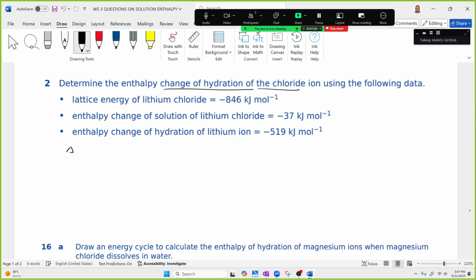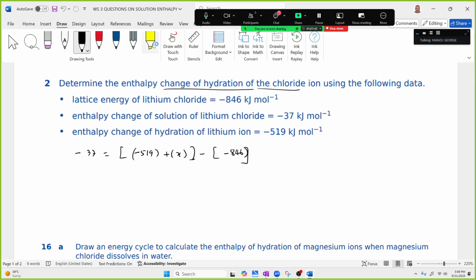According to the formula that we know, delta H solution equals delta H hydration, correct? We know the formula, so we can directly put that in and check. Solution is given to you as -37, which equals hydration of lithium, -519, plus X, minus lattice, given as -846.